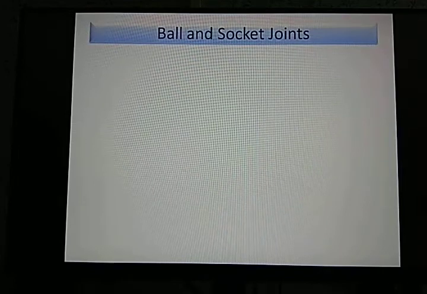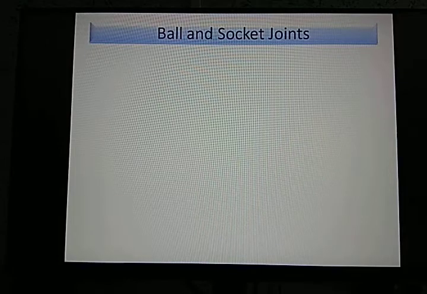The first kind of joint is the ball and socket joint. Before understanding this joint, let us discuss an activity given in your textbook. Let me show you the figure.